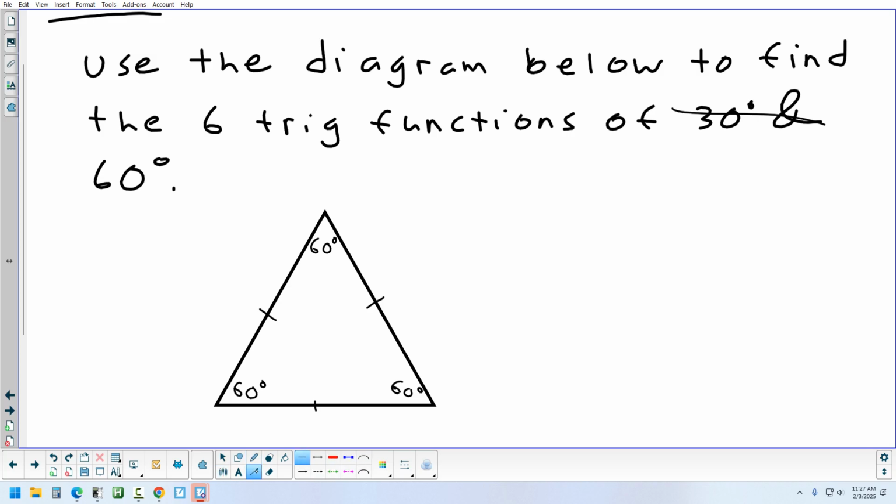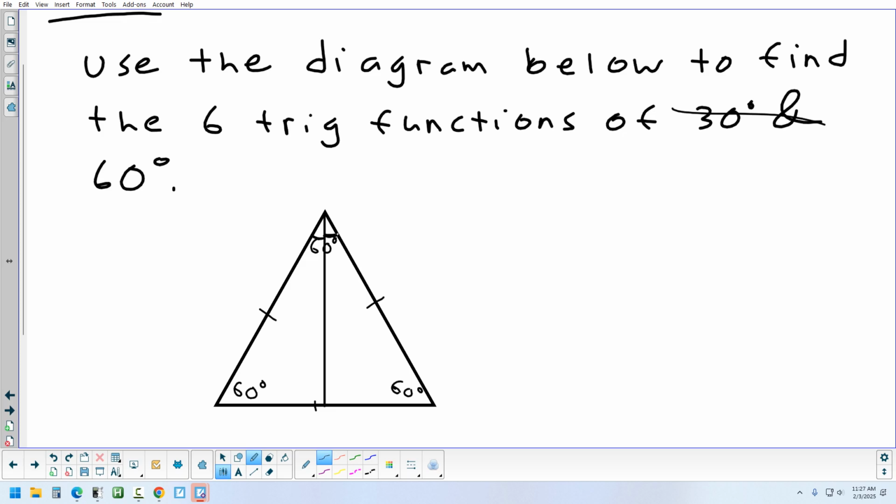So now, how could I turn this into a right triangle? And by doing this, I'm going to create a 30. Just split it in half. We're not going to go through the proof, but if you draw a line in an equilateral triangle from a vertex, perpendicular to the base, it will automatically create two congruent triangles, which means the angle here is exactly the same as the angle here.